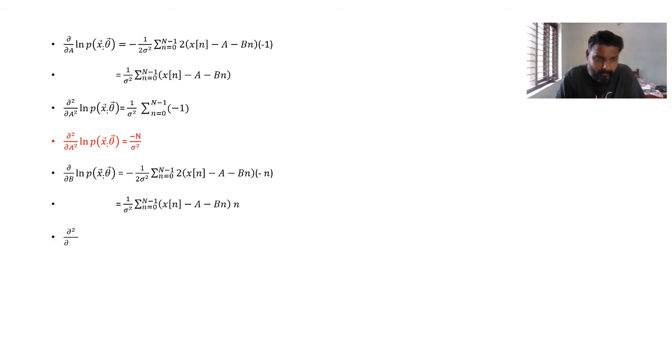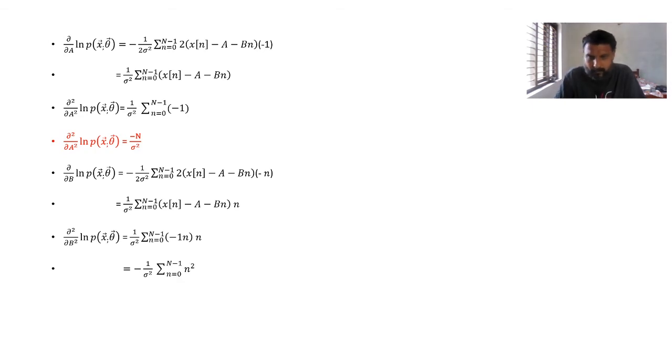∂²/∂b² ln p(x;θ), which is nothing but 1 by σ², sum over n equal to 0 to N minus 1 of minus 1 into n into n. So I will take minus 1 outside, so it will be minus 1 by σ², sum n equal to 0 to N minus 1 of n².